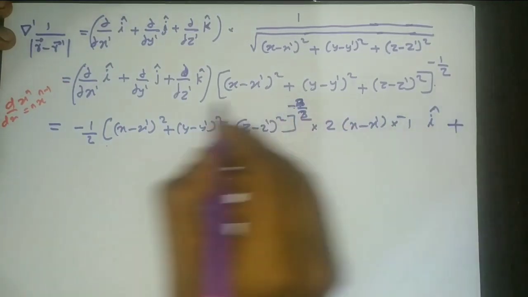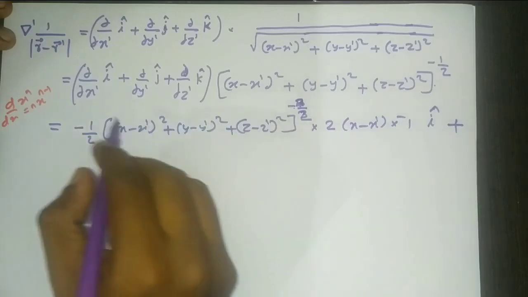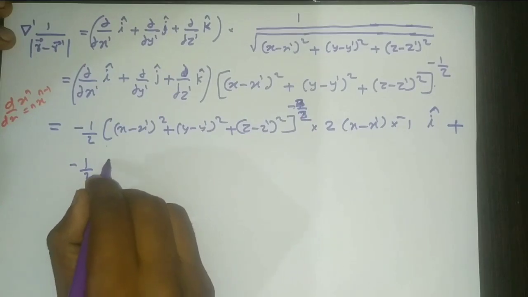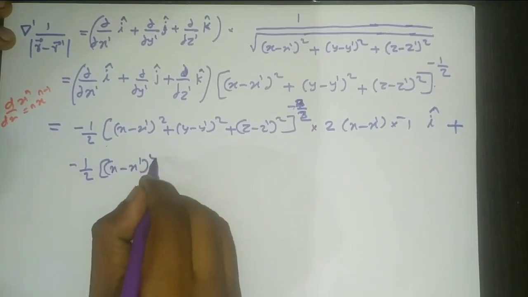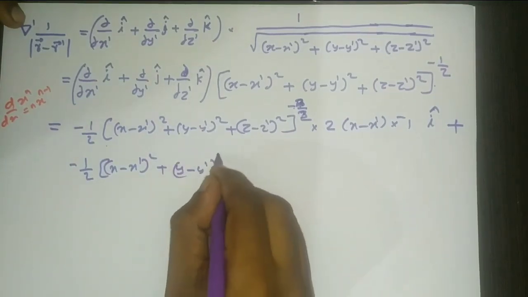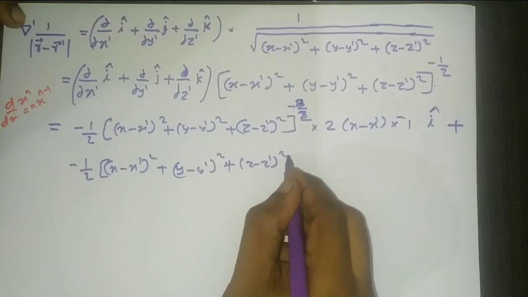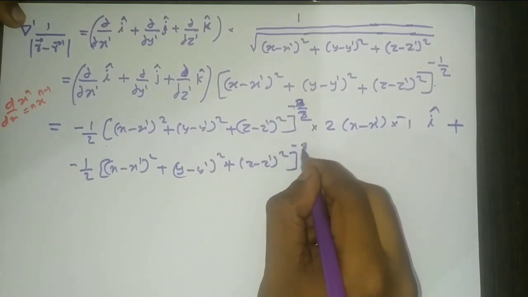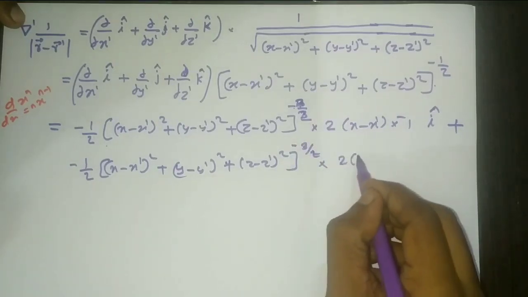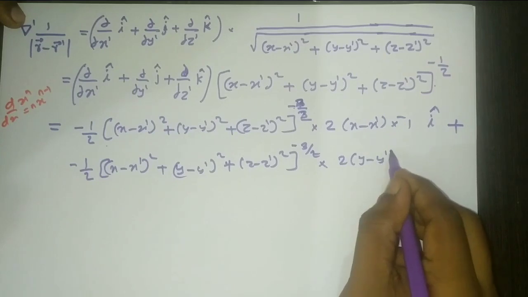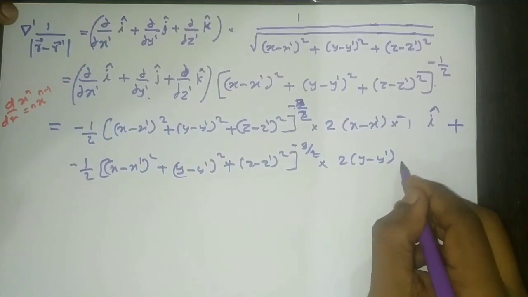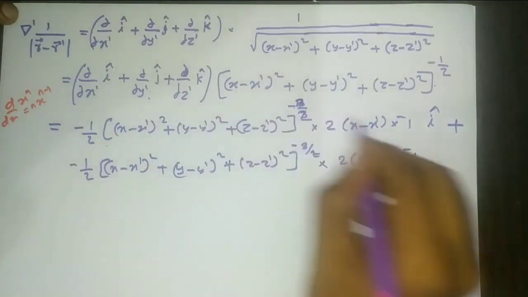Plus, now we have to differentiate the second term. Once again, this is n x^(n−1), therefore this will be minus 1/2 into [(x − x')² + (y − y')² + (z − z')²] to the power minus 3/2, into 2 times (y − y'), and differentiation with respect to y' is minus 1, then j cap.